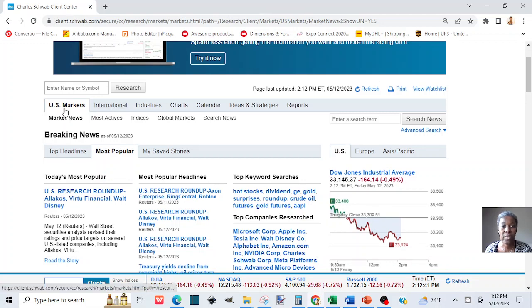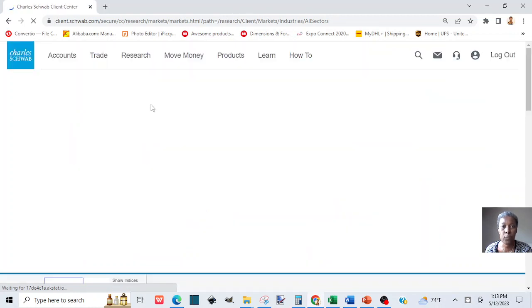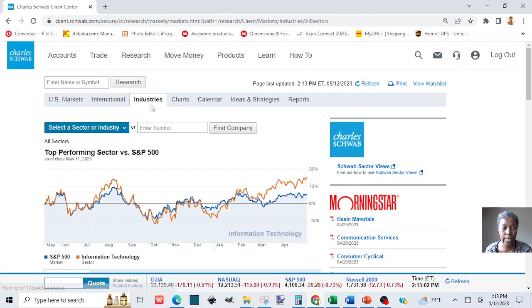So under US Market, you look for Industries. We'll click on Industries, and from there we'll be able to find the market sectors.